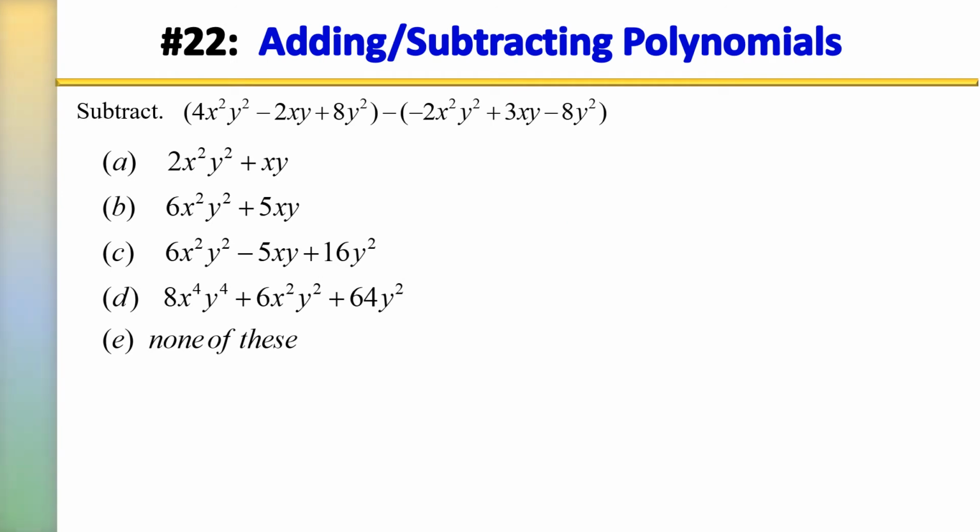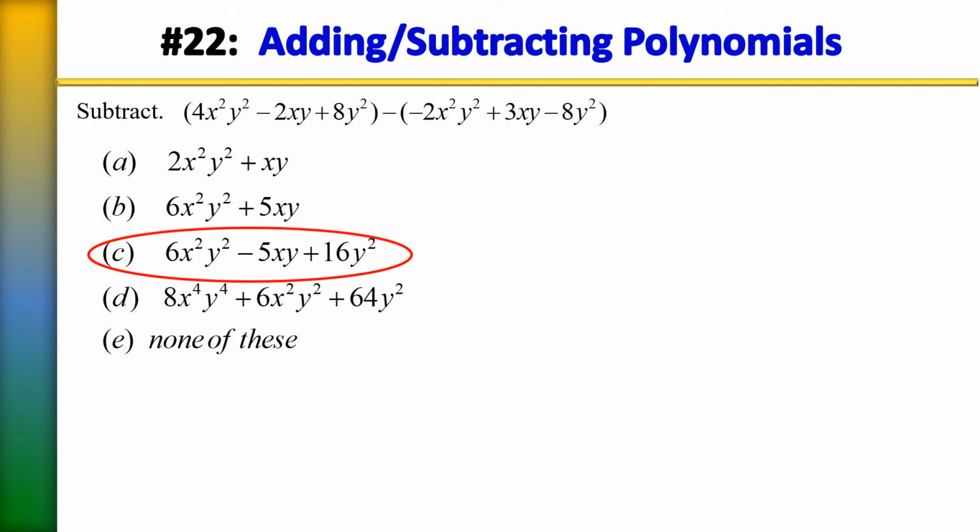Number 22. Subtract these two polynomials. So what is the correct answer? Choice C. Okay, so here we have two groups of polynomials, and this group here is being subtracted from this group.